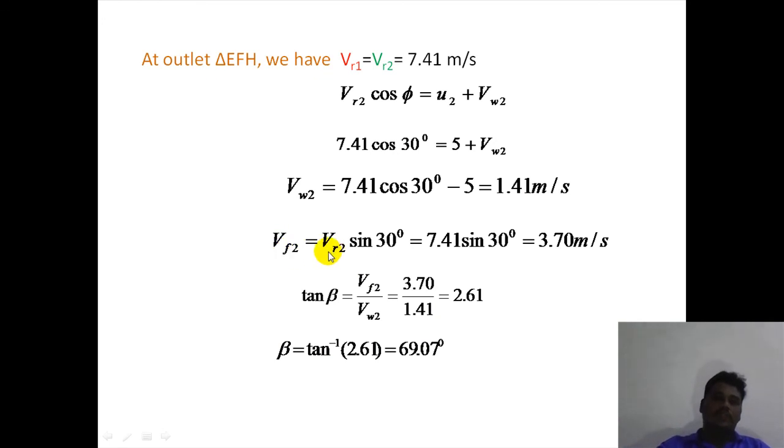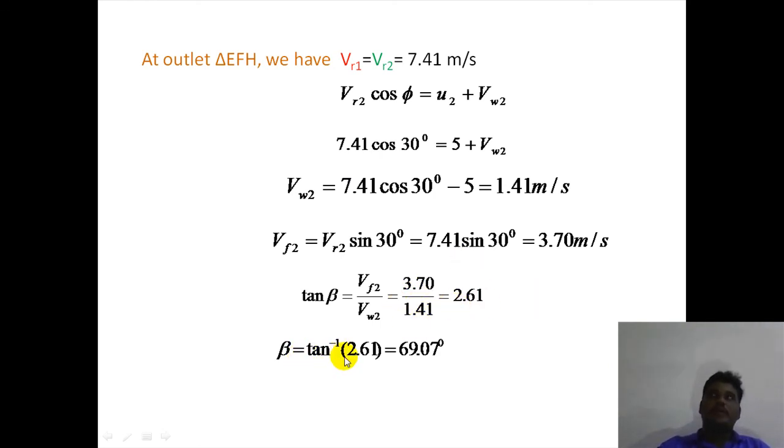Now VF2, from the outlet triangle, is equal to VR2 sin 30. VR2 is 7.41, sin 30, which is equal to 3.7 meter per second. Again, from the outlet triangle, tan beta is equal to VF2 divided by VW2, that is 3.7 divided by 1.41. We get 2.61.